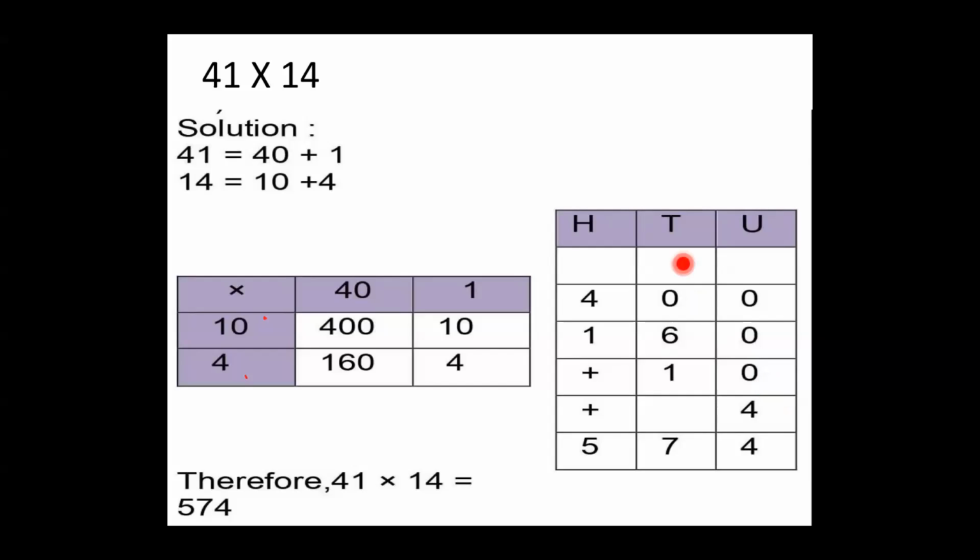In the tens place, 0 plus 6 plus 1 is 7. Hundreds place, 4 plus 1 will be 5. Therefore, 41 multiplied by 14, answer is 574. So hope everyone has understood this sum.